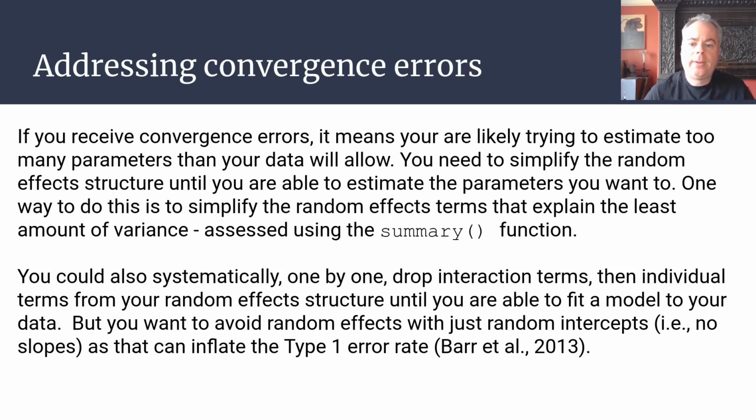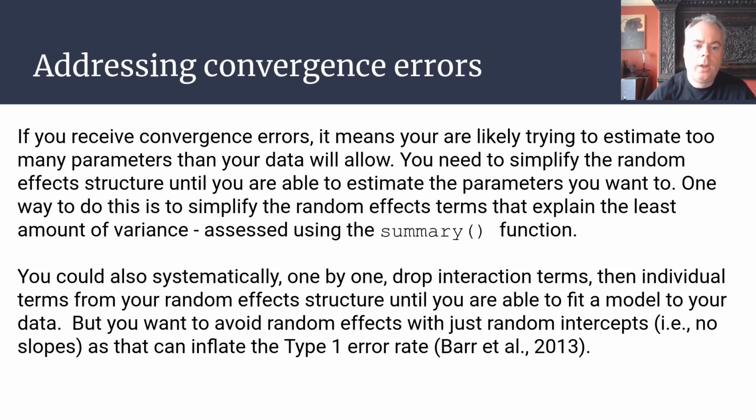And what that means is that you're probably trying to estimate more parameters than your data will actually allow you to do. In other words, your data set isn't rich enough to support the complexity of the model that you're trying to build. And what you need to do is simplify the random effect structure in order to be able to build a model that can provide those estimates that you're interested in.